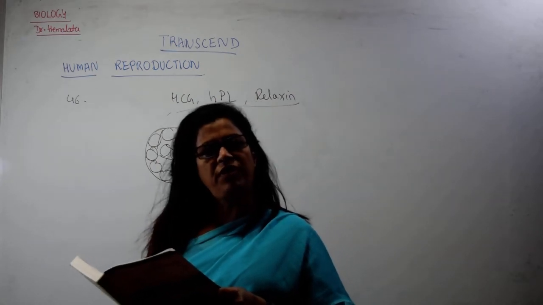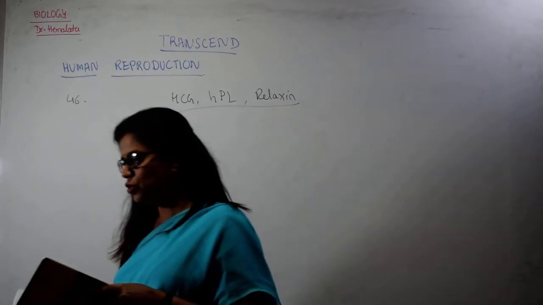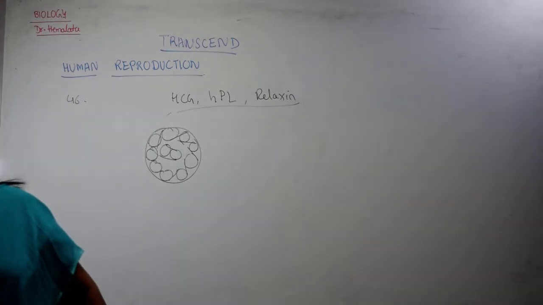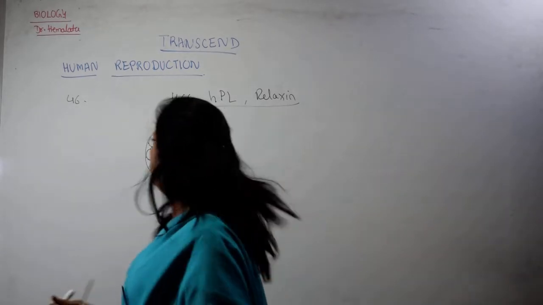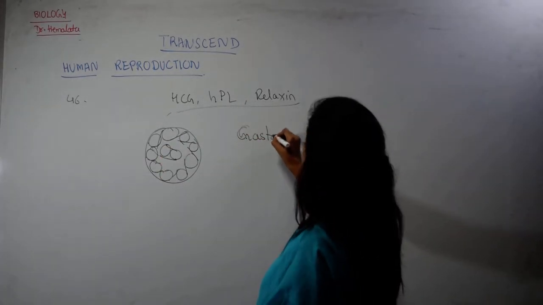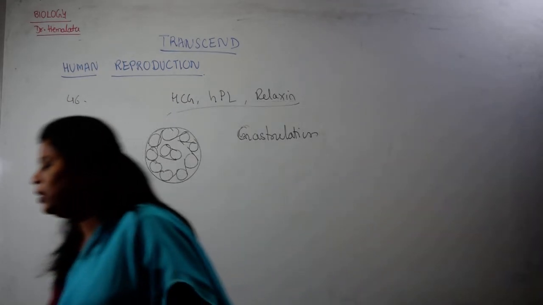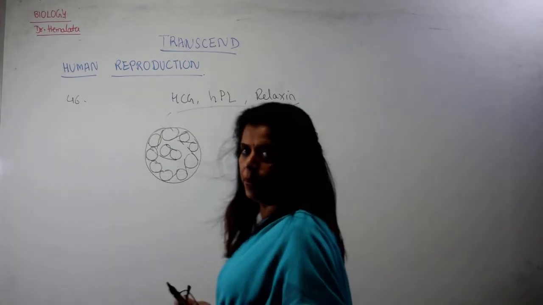Therefore, the mother has to feed the baby. Now, I wanted to tell you something about gastrulation, which is nothing but the morphogenetic movement. Right? This I would like to explain to you, that is gastrulation. A little bit I already explained during the concept explanation, but understand what gastrulation is now properly.